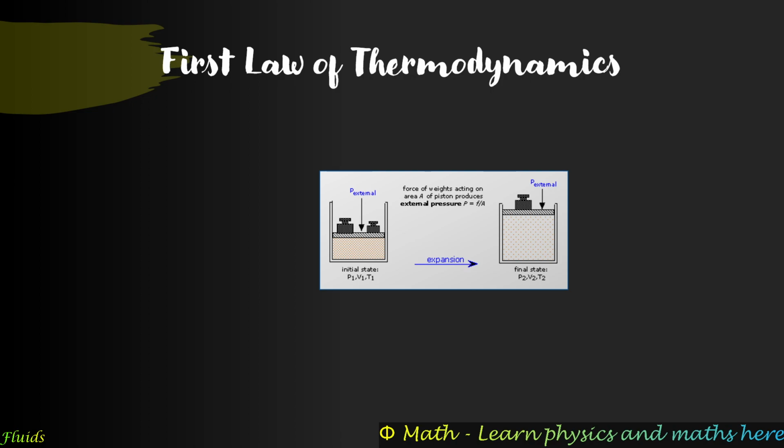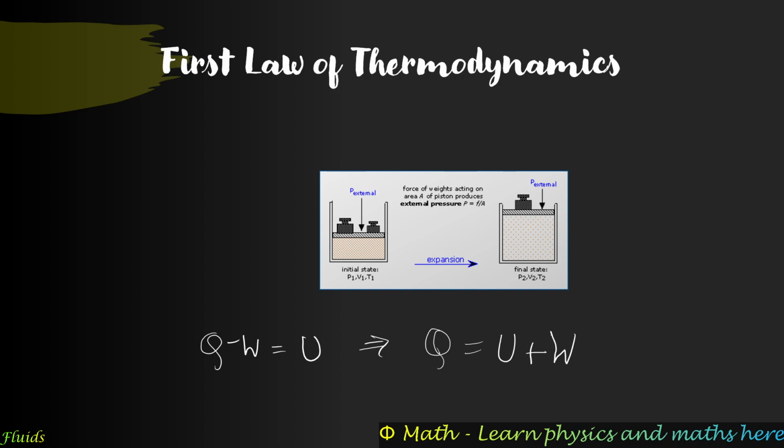So now, when heat Q is added to a system while the system does work W, the internal energy changes by an amount equal to Q minus W. So delta U is equal to Q minus W, and from here we can say the heat is equal to internal energy plus work done.